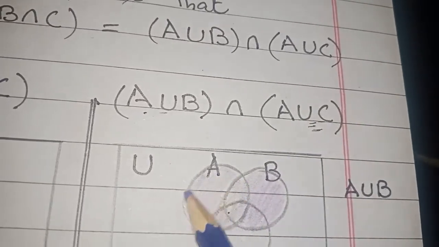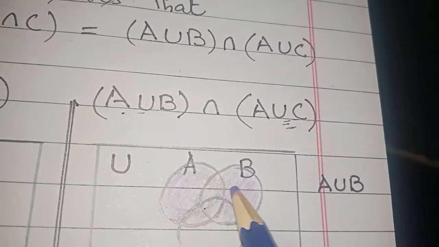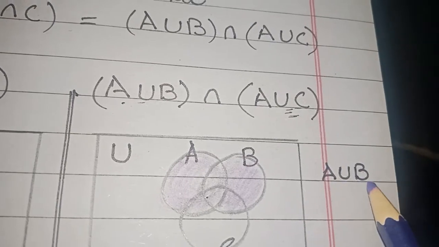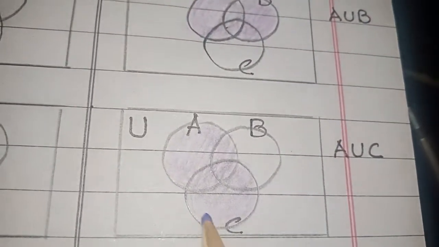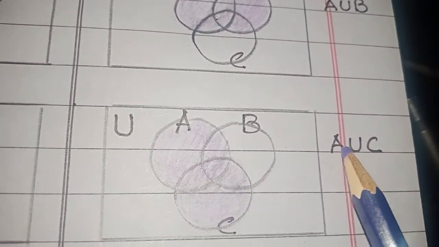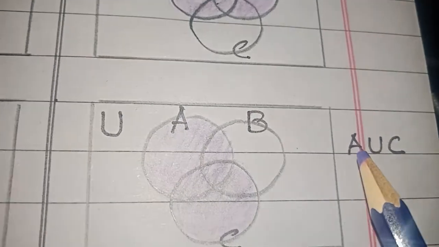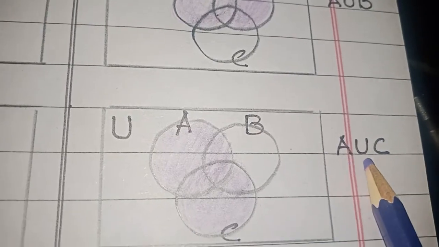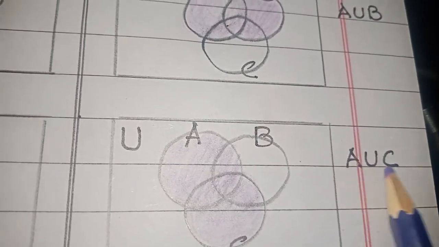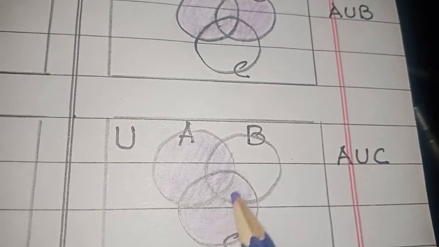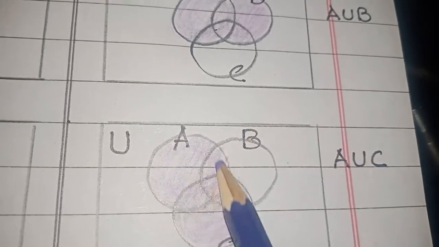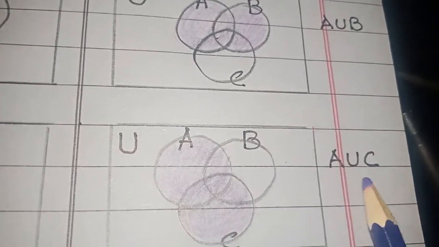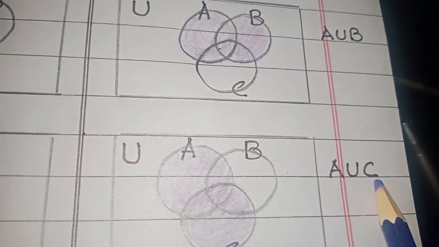I have colored the whole of circle A and the whole of circle B to represent A union B. In the second picture, I have focused on set A and set C only. To represent the union of A and C, I have colored the whole of circle A and the whole of circle C.